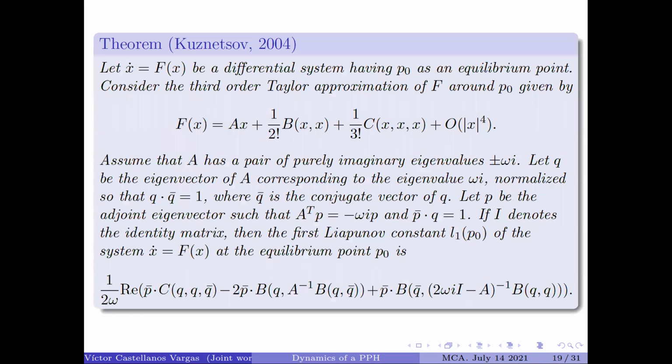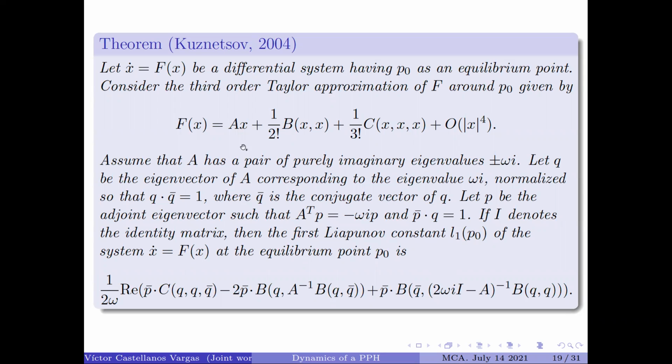Okay, and then the Kuznetsov formula, that is very interesting and is a very important tool to describe a Hopf bifurcation, is the next. Let x dot equal to f(x) be a differential system, having P0 as an equilibrium point. Consider the third order Taylor approximation of f around the point P0 given by this one.